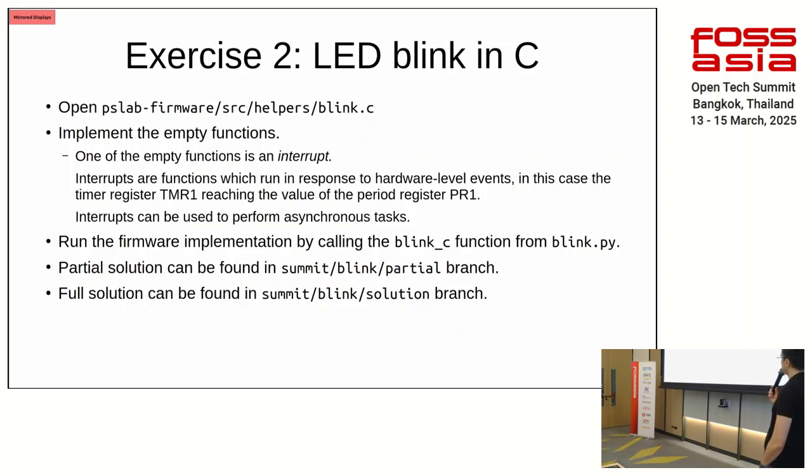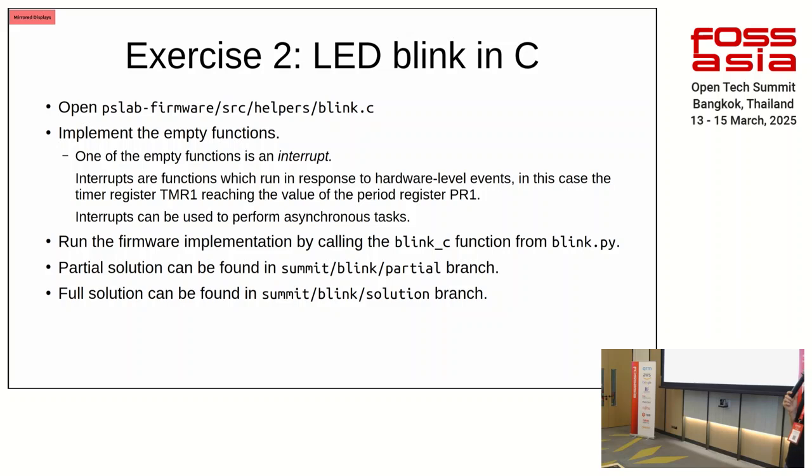The thing with doing this in C is that it has certain advantages over doing it in Python. Now I'm getting a little bit ahead of myself here, but what you're going to see when you do this in Python is that since you will be constantly transmitting commands over the serial bus, the PSLab will be busy.